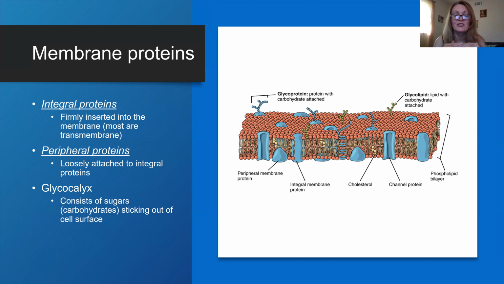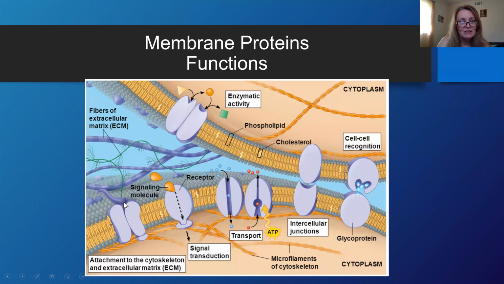So your immune system can recognize this pattern of glycocalyx and distinguish your own cell from some foreign cells. So glycocalyx has extreme importance in a normal functioning of the cell. Right, so those are membrane proteins.